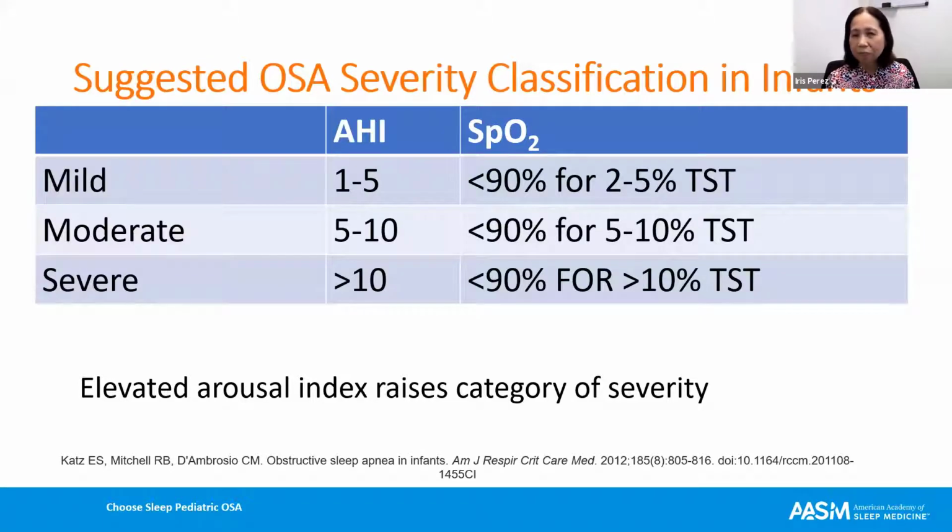Moderate infants will have less than 90% for 5 to 10% of sleep time, and severe, less than 90% for greater than 10% of sleep time. Easy to remember. And when there's an elevated arousal index, this raises the category of severity.